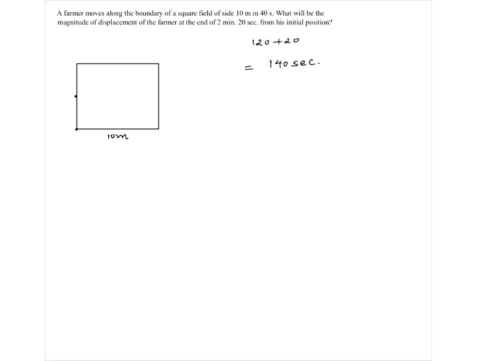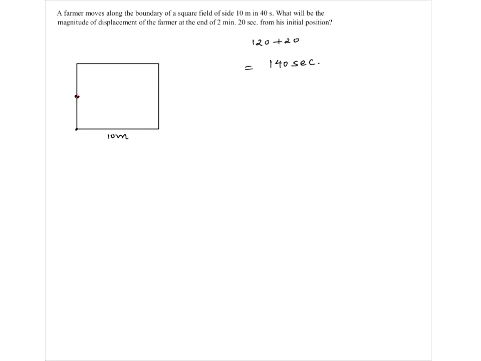Let me complete. Yes, I was saying 10 meters in 40 seconds, 40 plus 40 plus 40 is 120, 20 seconds more. So 5 meters. The farmer should be at the midpoint. Do you agree with this, that the farmer should be at the midpoint right here?